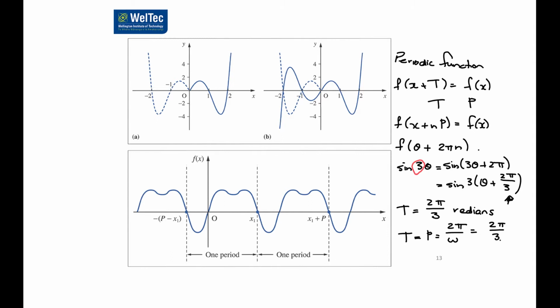We've also already had a brief mention that the frequency is 1 over T. So if our formula is 2 pi over omega, then our formula for the frequency is going to be omega over 2 pi, or 1 over P as well. And if we knew P, or T, we would find that omega is 2 pi over the time period, just by rearranging like that.